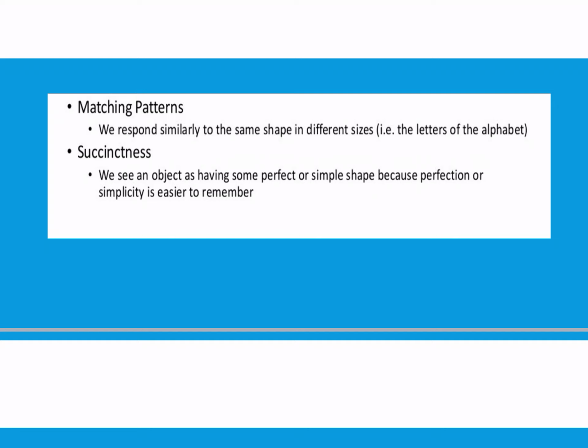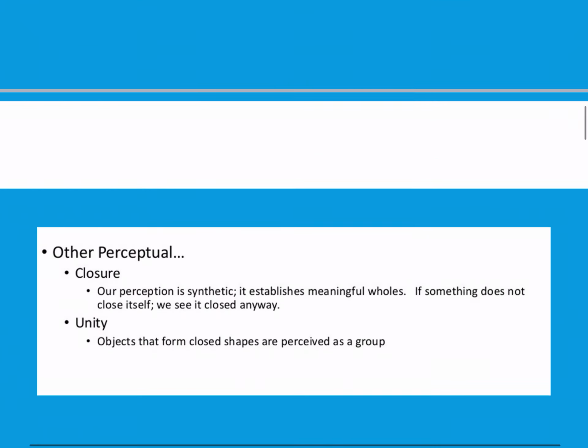That is all about the matching pattern. Next, we can see an object as having some perfect or simple shape, because perfection or simplicity is always easy to remember. So we should always keep our design very minimal and easy so that it is very catchy for all the users.